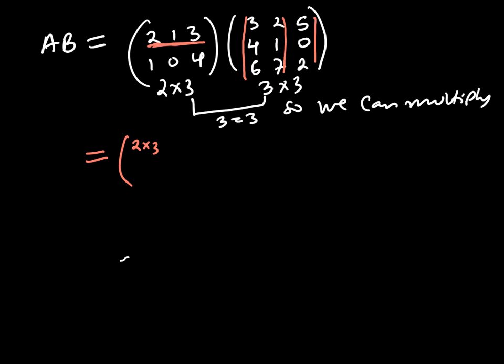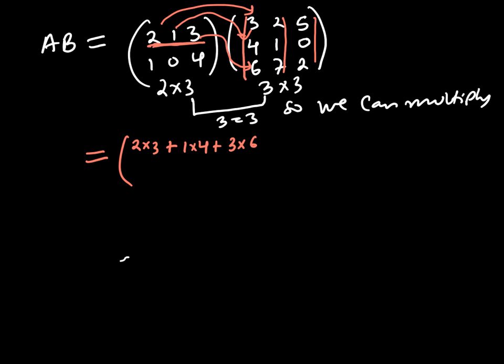So 2 goes with a 3 here, 1 goes with a 4, and then a 3 goes with a 6. You get the first entry: 2 times 3 plus 1 times 4 plus 3 times 6.